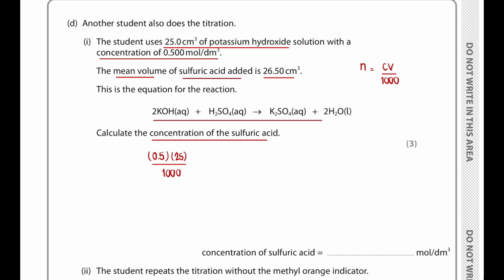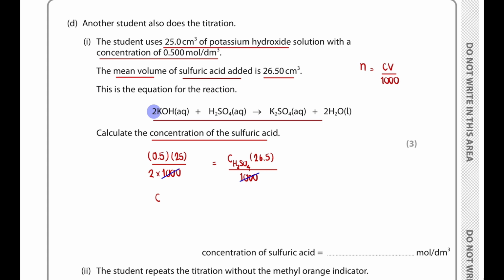But we have 2 here in the equation, so I have to divide by 2 to get the moles of the sulfuric acid. So we have to find the concentration, right? So concentration of sulfuric acid times volume of sulfuric acid, which is 26.5 divided by 1000. So 1000 can be cancelled out.